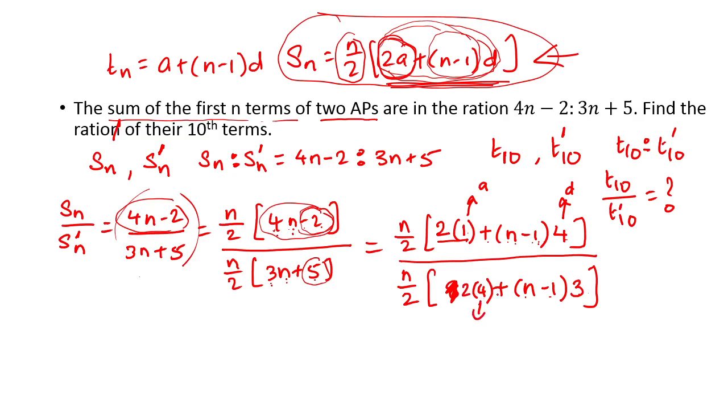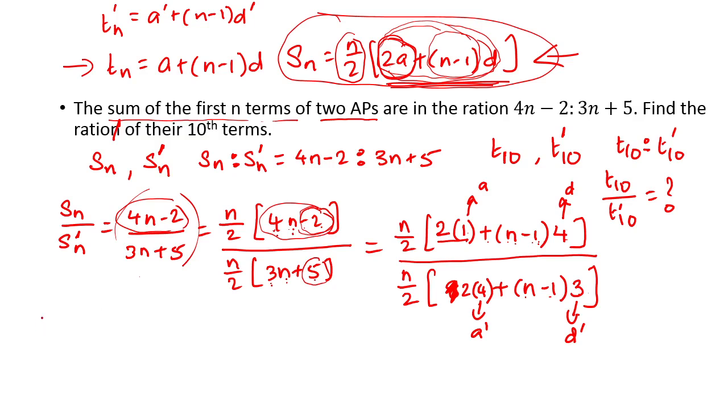So this is the first term of the other arithmetic progression, and this is the common difference of the other arithmetic progression. So if I say this is for the first arithmetic progression, let me say for the second arithmetic progression, the nth term is a dash plus n minus 1 into d dash, so that this is a dash and this is d dash.